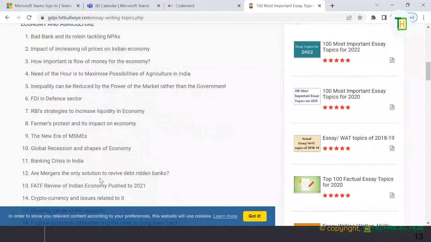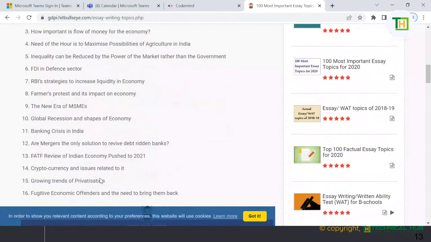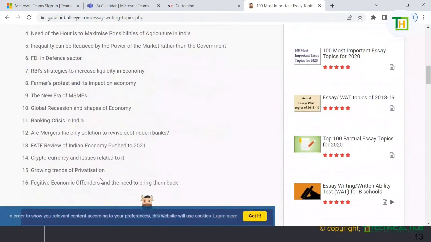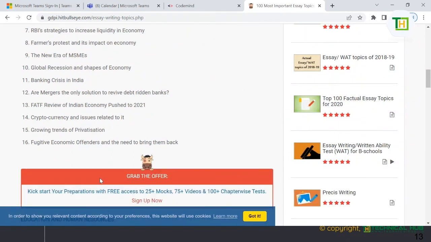How important is the flow of money for the economy? The need of the hour is to maximize the possibilities of agriculture. Based on agriculture, also you'll get one question. Then how inequality can be reduced. FDI, foreign direct investment in the defense sector. RBI strategies, Reserve Bank of India strategies to increase liquidity in the economy. Then the farmers' protest and its impact on the economy.